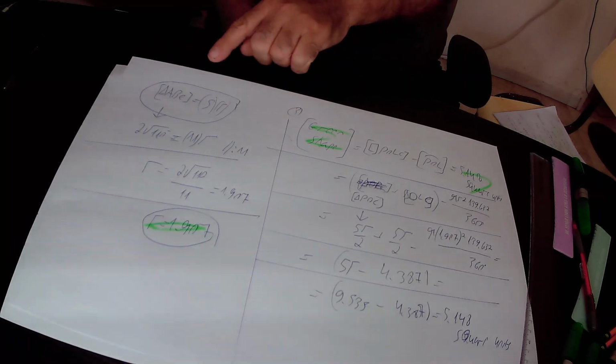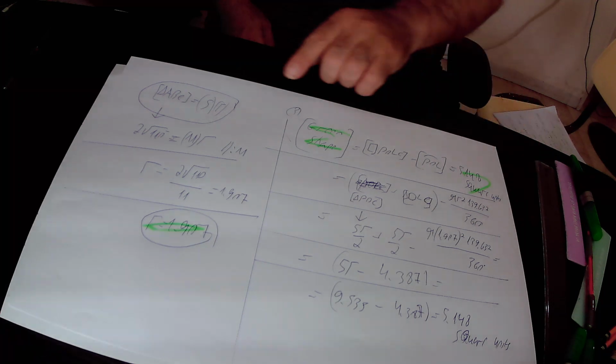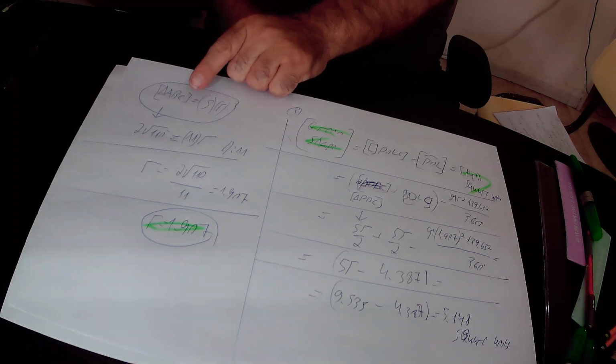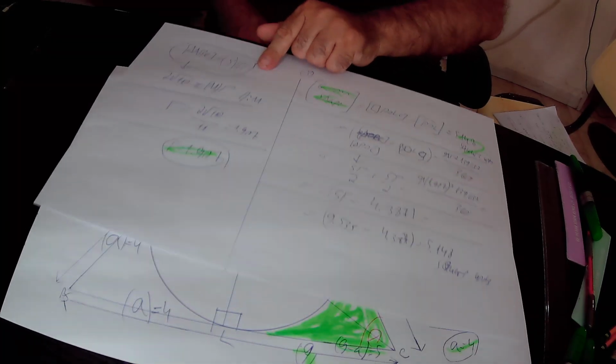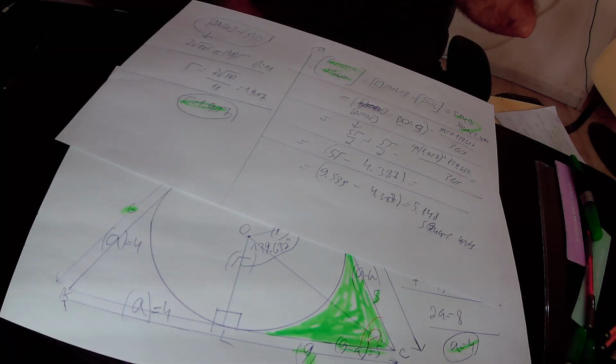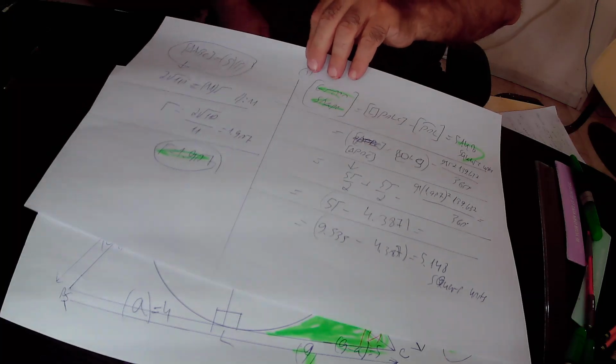We already found out that the area of triangle ABC equals 2 times root of 110 square units. The semi-perimeter S is 11. R is the radius of the circle inscribed by triangle ABC, the missing variable.